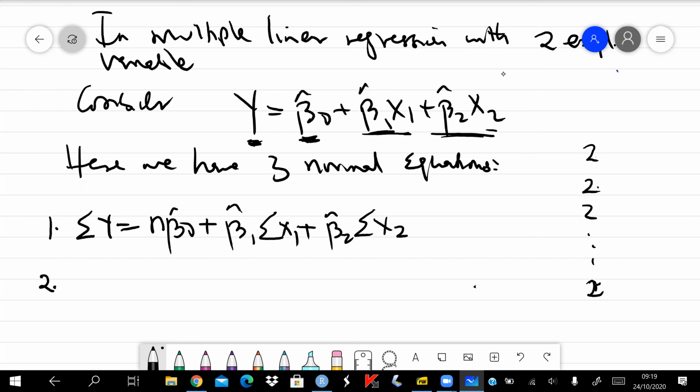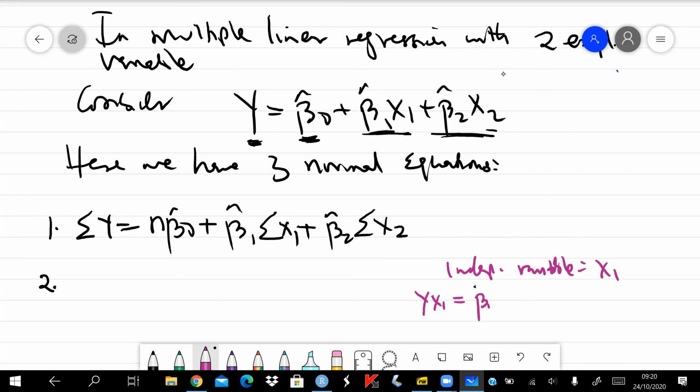Now the second normal equation, just like we did in the case of simple linear regression: you take the first independent variable, which is x1, and multiply everywhere by it. So you have y x1 is equal to beta naught x1 plus beta 1 x1 squared plus beta 2 x1 x2.